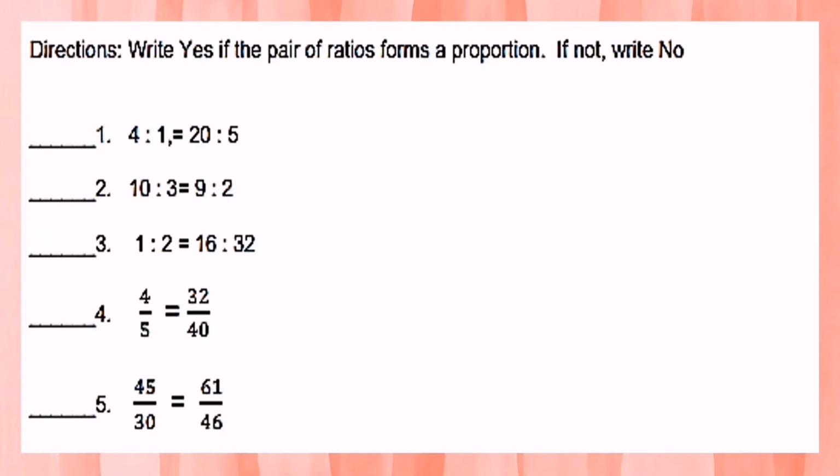So, sa number 1, we have 4 is to 1 is equal to 20 is to 5. So yung means natin dyan is yung nasa inner part at yung extreme natin itong nasa outer part. So multiply lang natin si 4 and 5, which is 4 times 5 is 20, equals, i-multiply naman natin ang means, 1 times 20 equals 20.